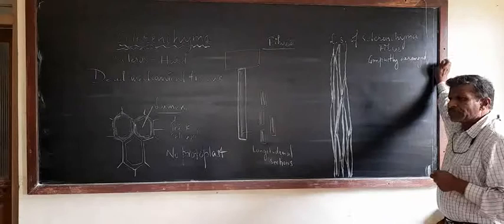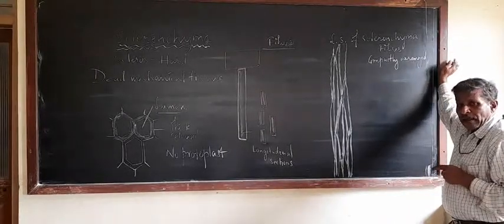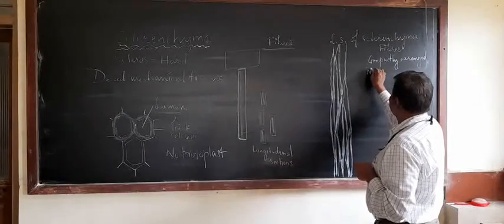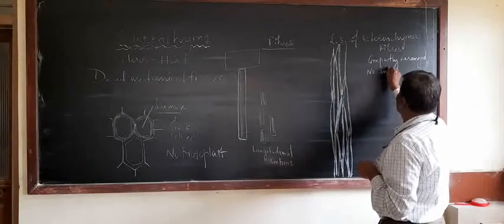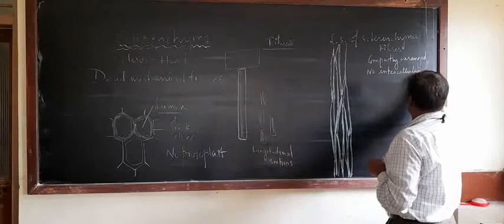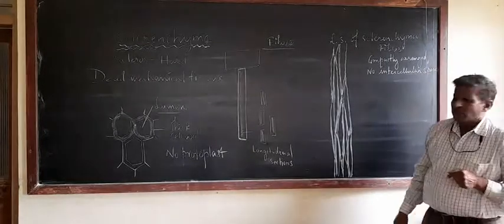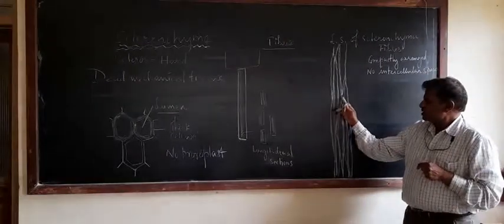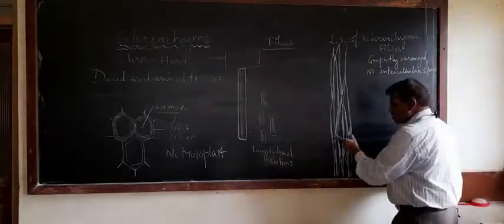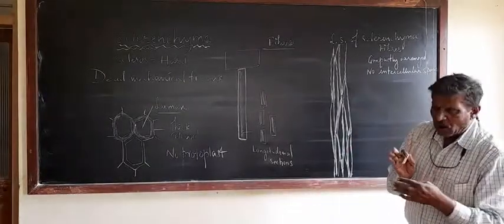And these cells don't leave any intercellular space. There are no intercellular spaces present. If you observe the spaces between the cells, you absolutely don't find any spaces because they are very tightly packed, very compactly placed.